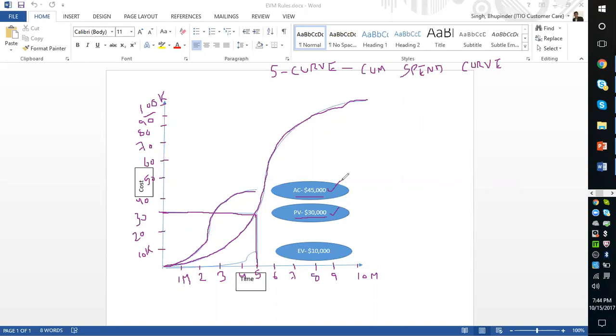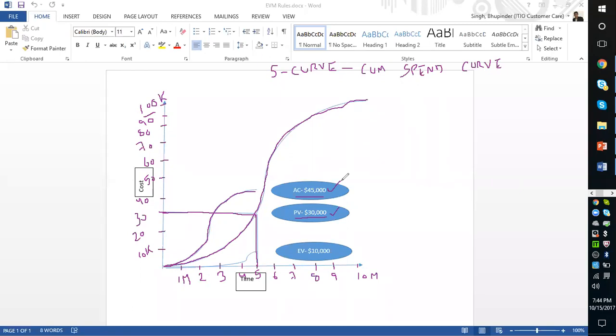Of course, it's not good. With this, you would probably be spending more than $100,000 for the project if you continue doing it this way, right? So if you plan to spend $30,000, ideally you should have spent $30,000. But in this situation, you have spent $45,000. Now, the situation which I quoted, your team member left the organization, so money was getting spent, but the work was not happening, right?